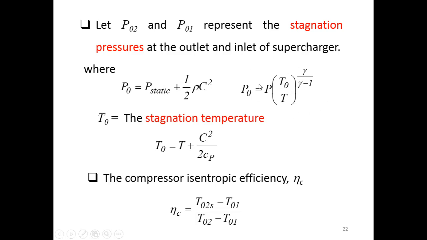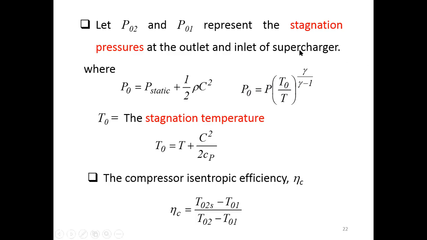According to these equations, P0 equals P times T0 over T to the power of gamma over gamma minus 1. Gamma represents the ratio of the specific heats, or the letter k in thermodynamics.